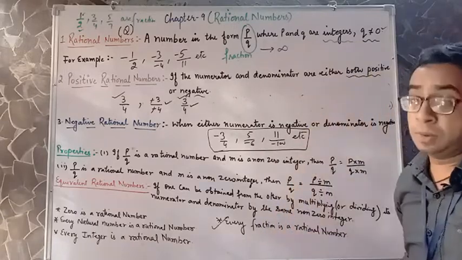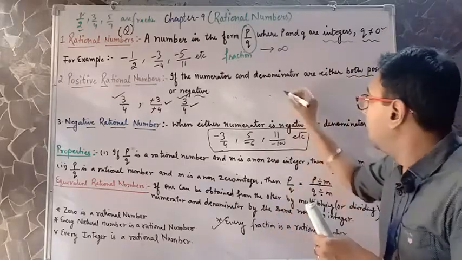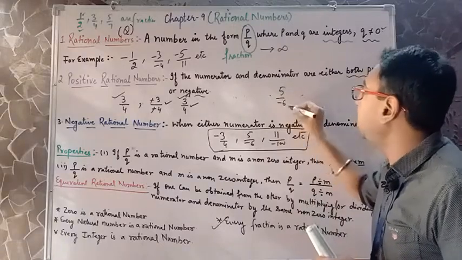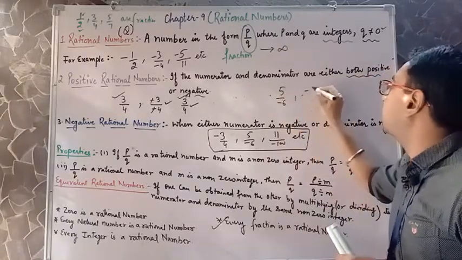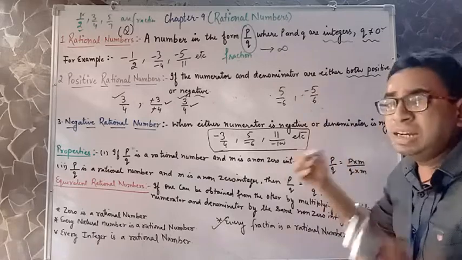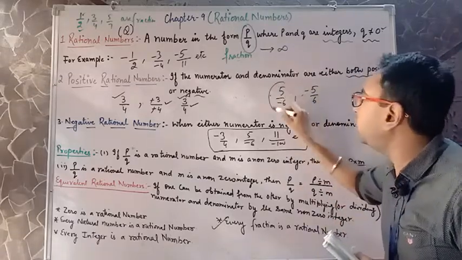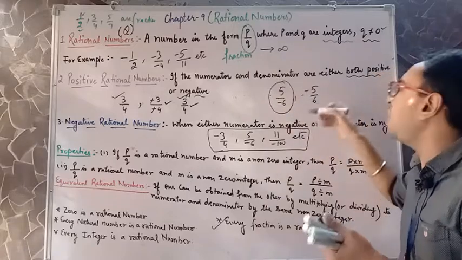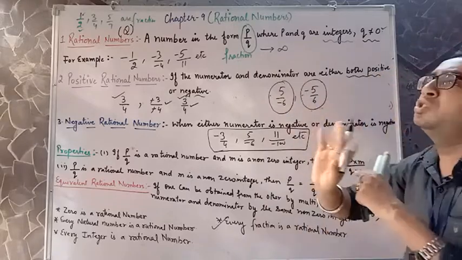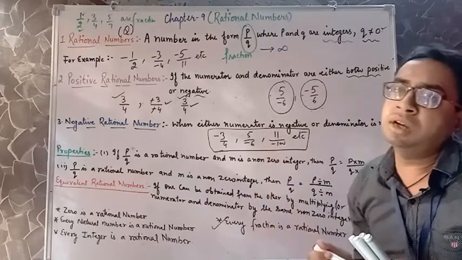See what I'm talking about. 5 by minus 6. Can I represent 5 by minus 6 as minus 5 by 6? What I did, I brought this negative sign to the numerator. Earlier also it was a negative rational number. Right now also it is a negative rational number. It is no change. But you will say, sir, now what is happening?